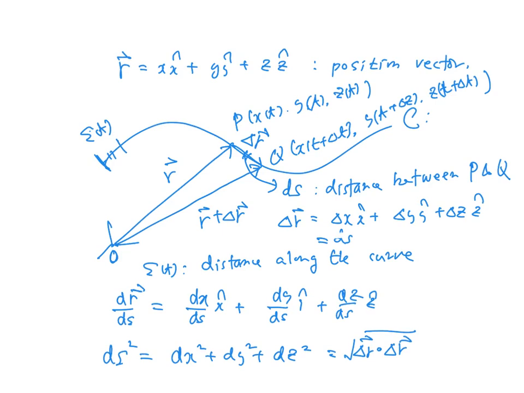So delta x is actually dx/ds times ds. From this we can have very simple relations: dr/ds has magnitude equal to 1, right? This is actually dx/ds, dy/ds, dz/ds.